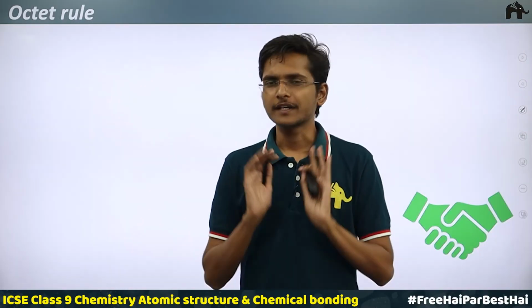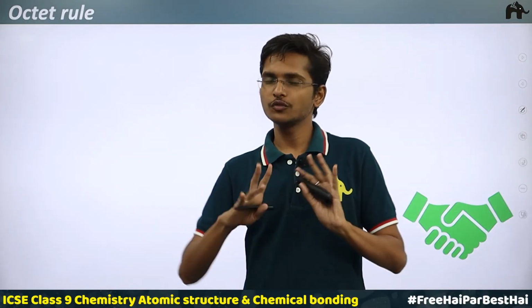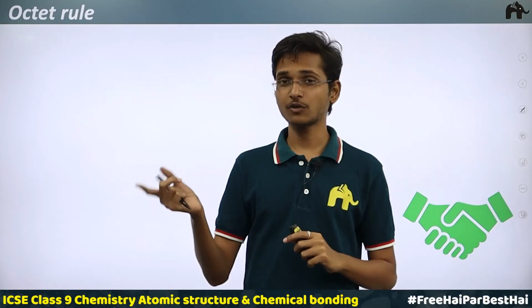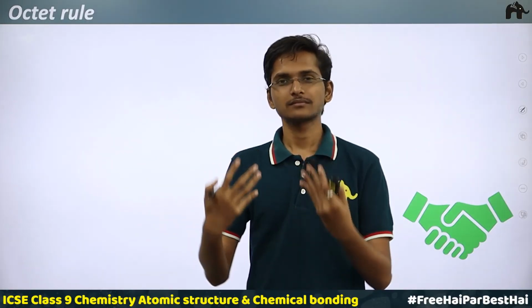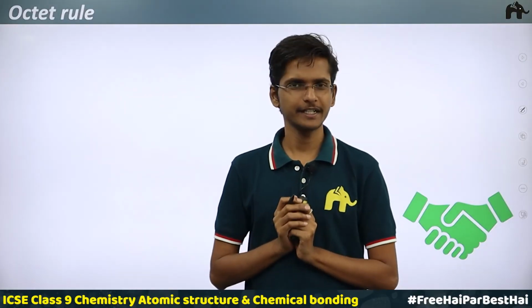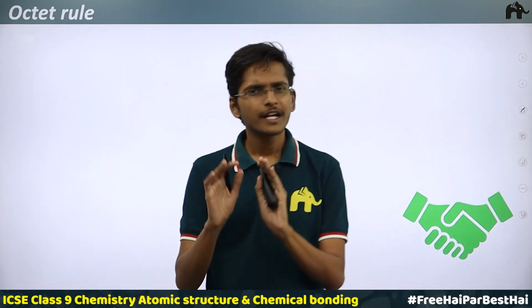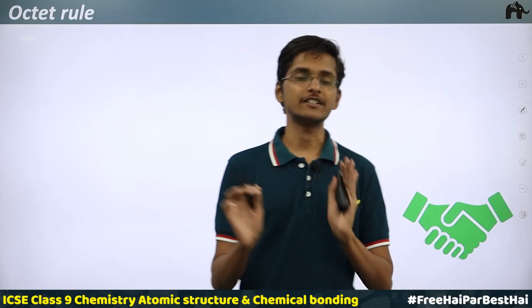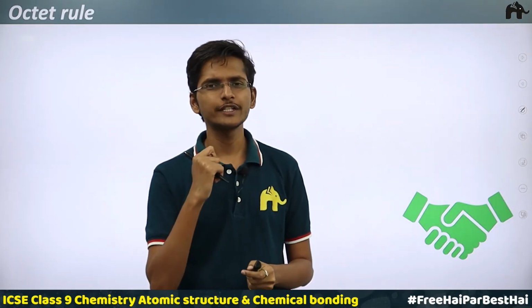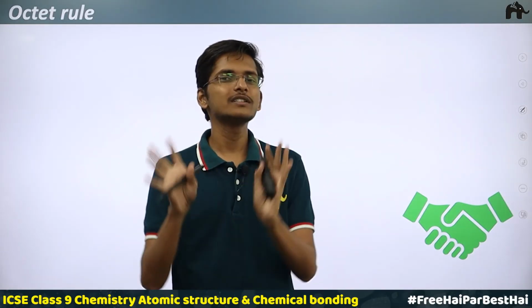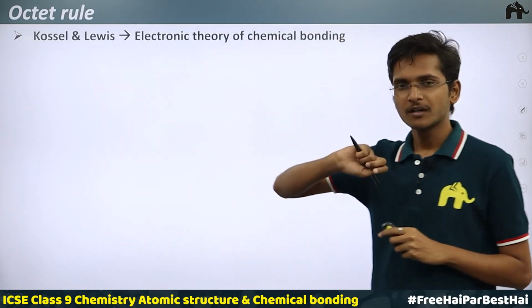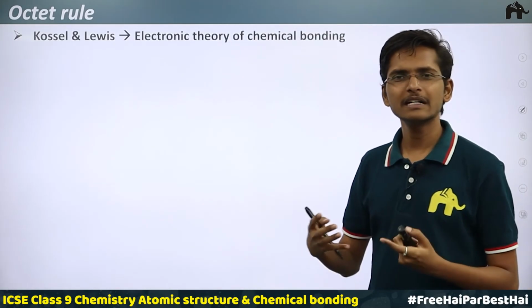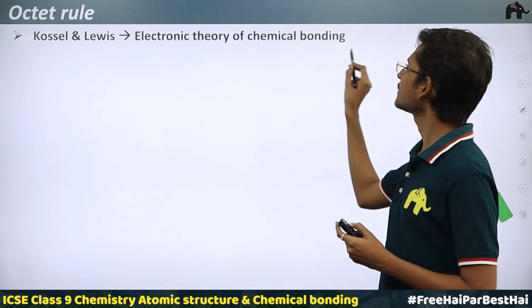So far you know that 8 electrons in the outermost shell play a very crucial role in the stability of the atom, right? And as I have told you, every single thing in this world needs stability. So our atoms also need stability. So looking into these things, what Kossel and Lewis gave is simply an electronic theory of chemical bonding.